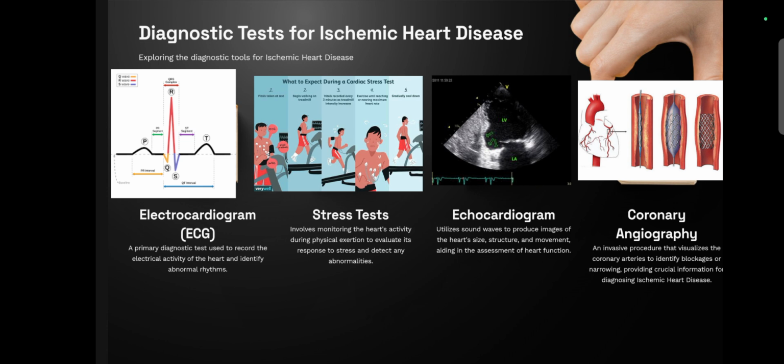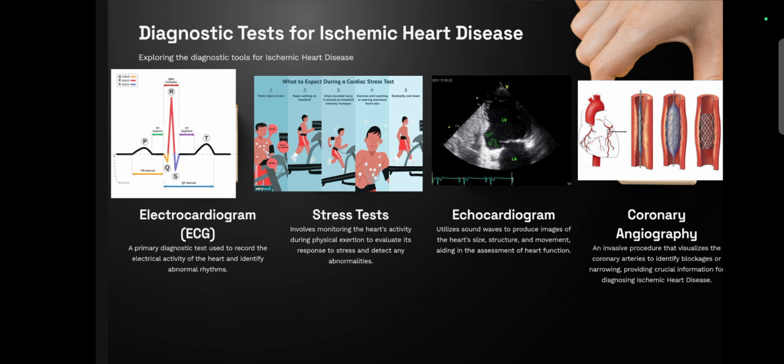Remember, if the person has more than 70 to 90% coronary artery block, he should not be advised the stress test, because it may lead to a myocardial infarction. Then there is 2D echo, that is echocardiogram, an ultrasound of the heart muscles.